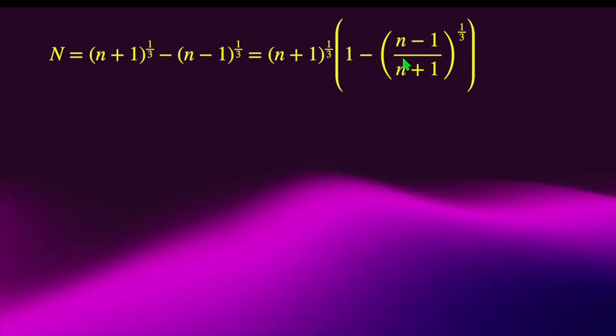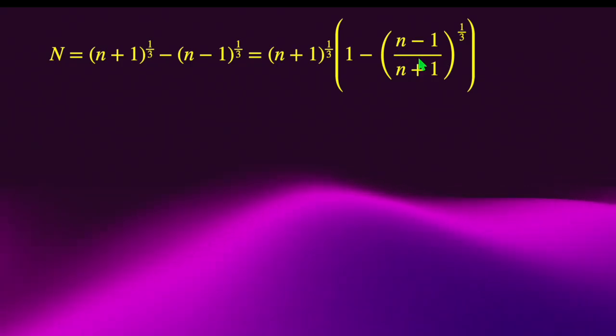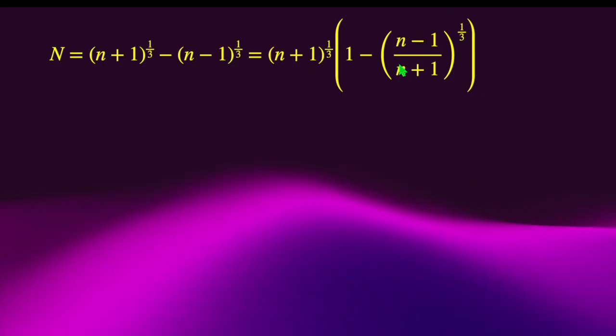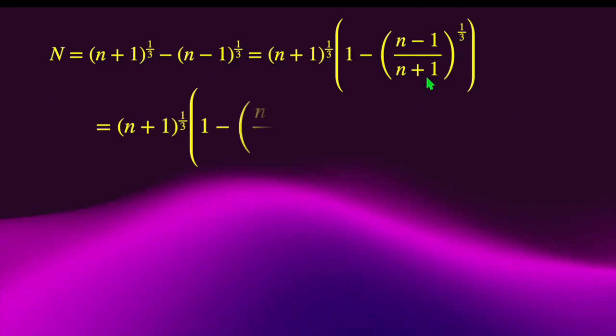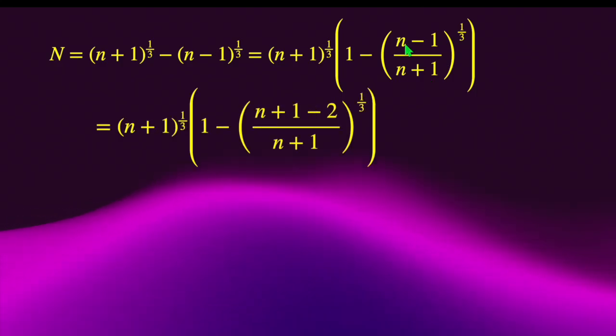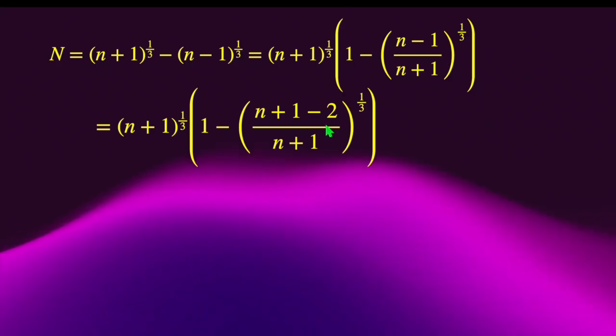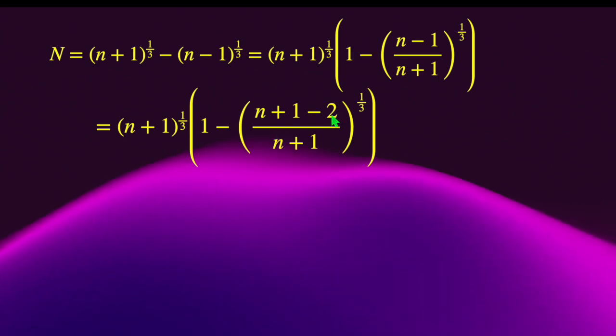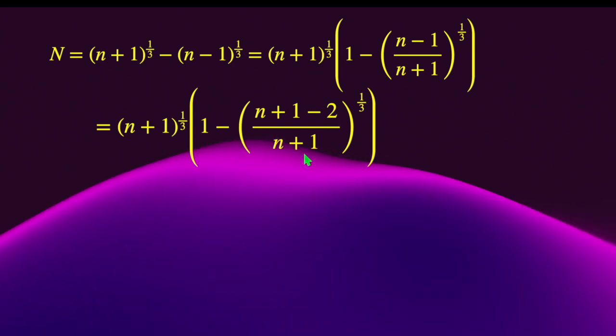Now we can also expand this quantity to get something of the form 1 over something. So we write n minus 1 as n plus 1 minus 2, and we expand to get 1 minus 2 over n plus 1.